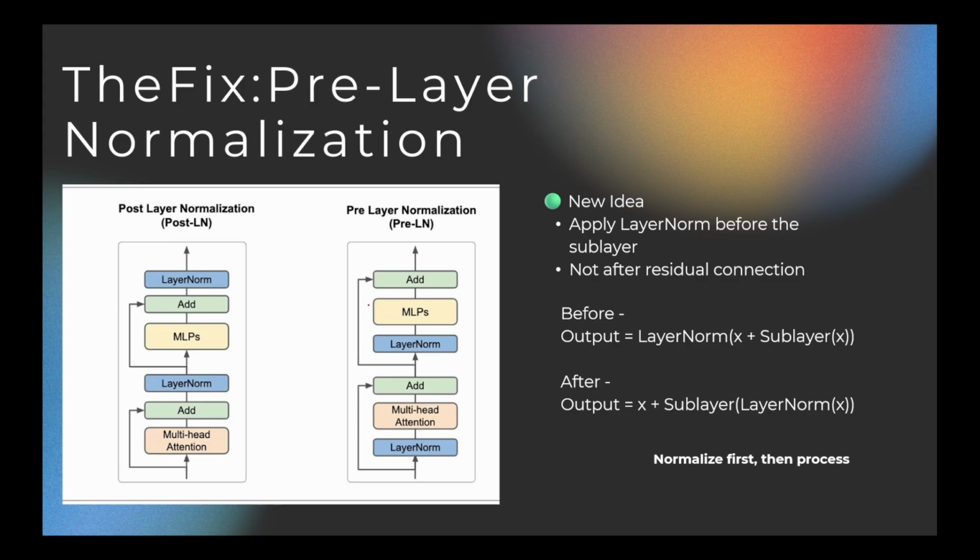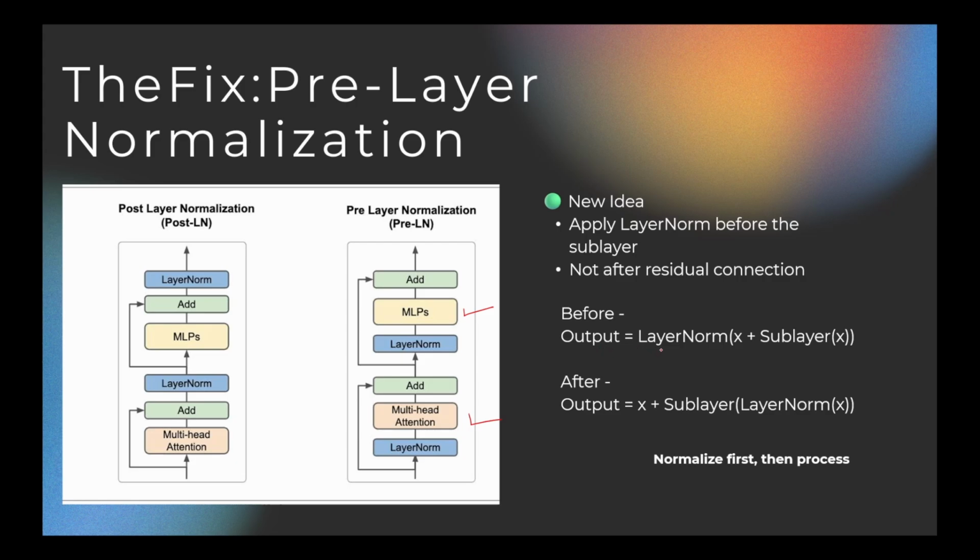They experimented: why don't we place the layer normalization before the sub-layer of the transformer architecture? The important thing to note here is that I am saying sub-layer. A sub-layer of the transformer is basically the multi-layer perceptron or the self-attention, multi-head attention block. So I am saying these two components of the transformer are sub-layers.